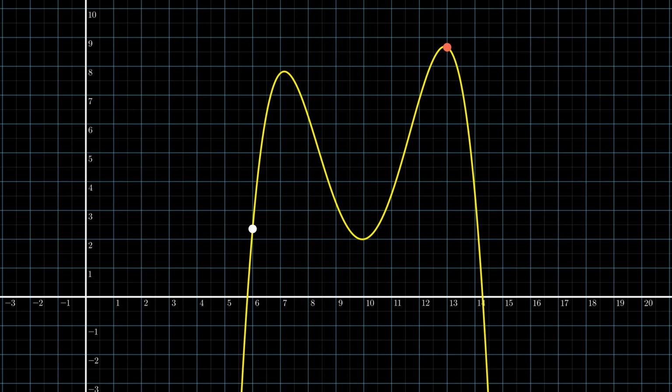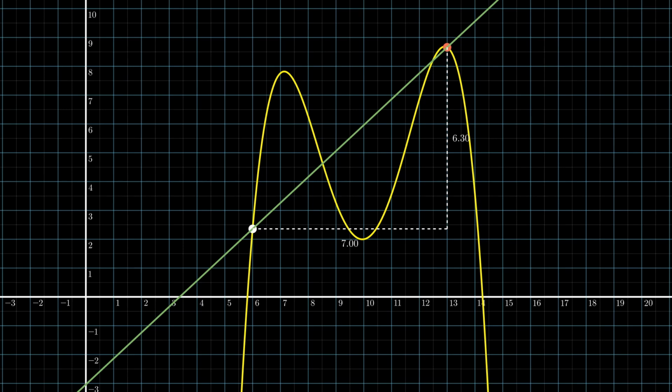Again, we measure steepness as how much we go up per unit we go forward. So we draw a straight line between the 2 points. And we now compute the change in y and the change in x. And we get the formula y2 minus y1 divided by x2 minus x1. And with function notation, we get f(x2) minus f(x1) divided by x2 minus x1.